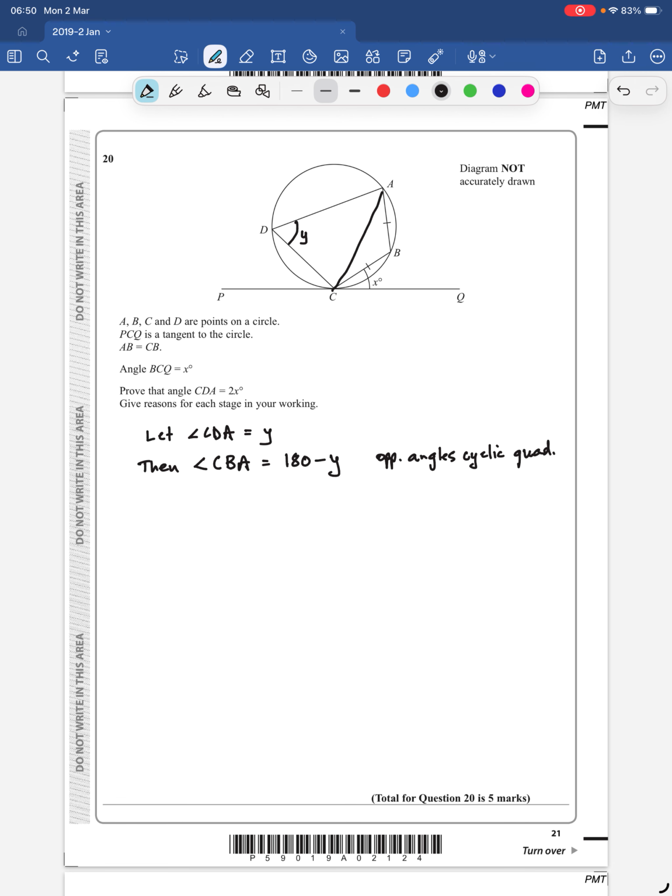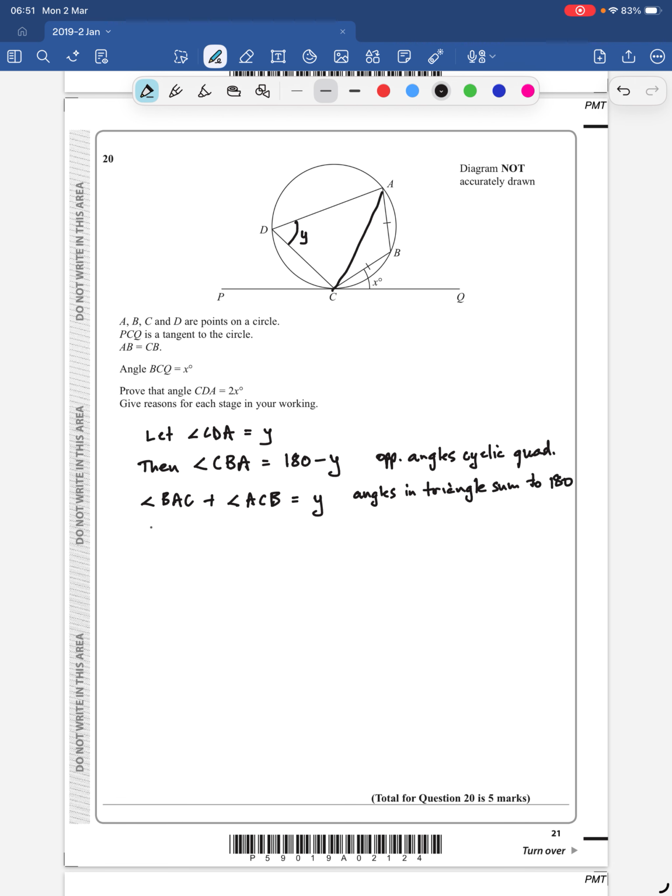I'm going to say angle BAC plus angle ACB equals y. And then I'm going to make a note here: angles in triangle sum to 180.